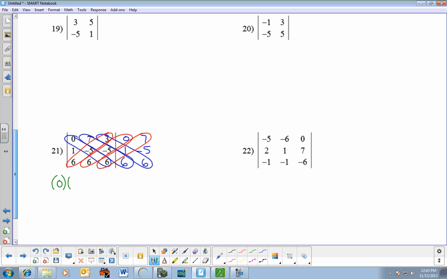So let's put all that together. 0 times -5 times 6 plus 7 times -5 times 6 plus 3 times 1 times 6. All right, my three diagonals that go upper left to bottom right, those are all positive.